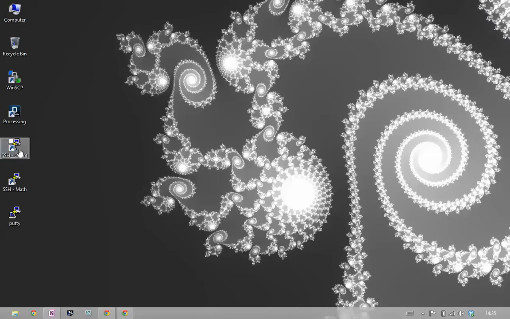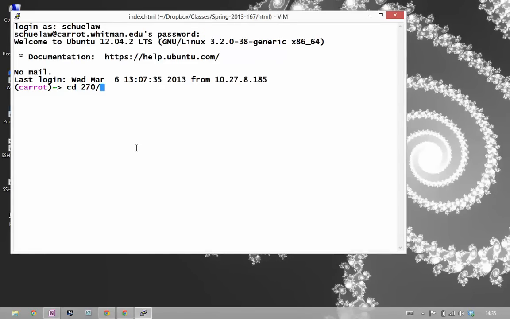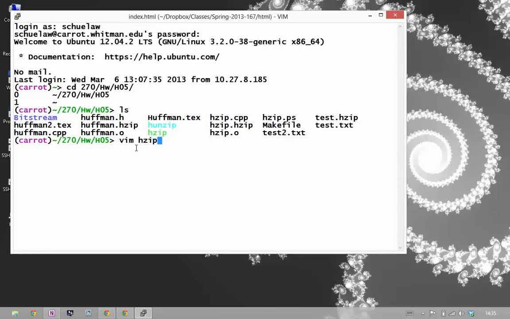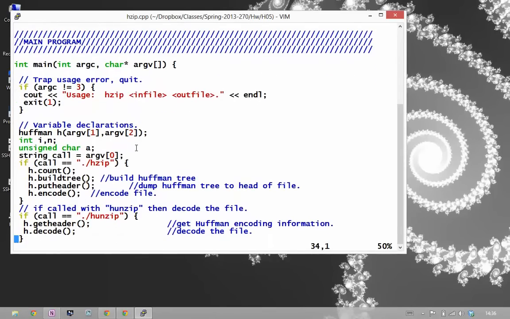So if you'll recall, my HZip program, we talked a little bit about the various member functions, and again, you are not bound by the structures and the classes and so forth that I'm talking about here.